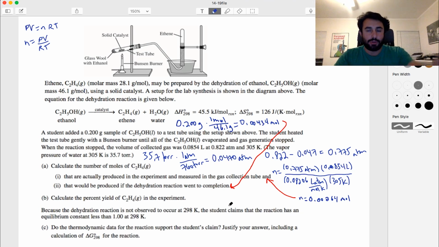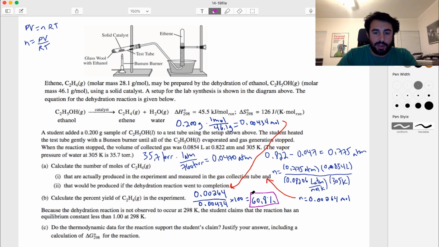So now percent yield is very easy, right? We just take actual over theoretical times 100. So the actual yield, remember all this data that we collected, that's the actual yield, 0.00264 over the theoretical yield, 0.00434 times 100, and we should get 60.8% yield.